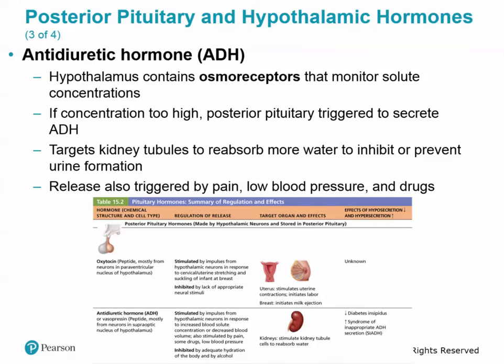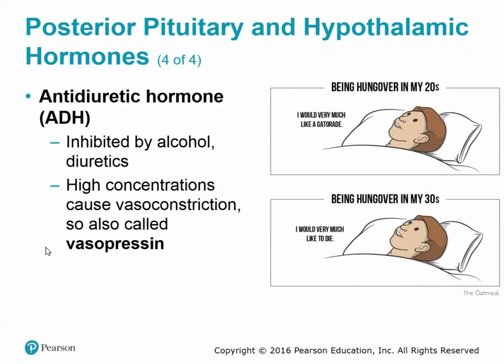This would also operate under negative feedback. So once we have adequate hydration and we have homeostasis of the concentration of the blood, ADH production would be turned off. ADH is also inhibited by alcohol and diuretics.